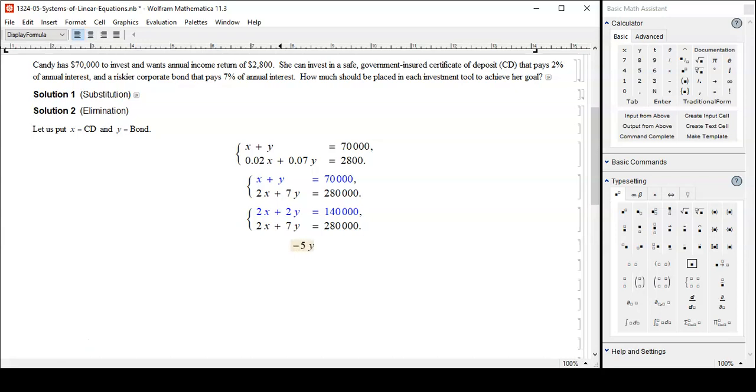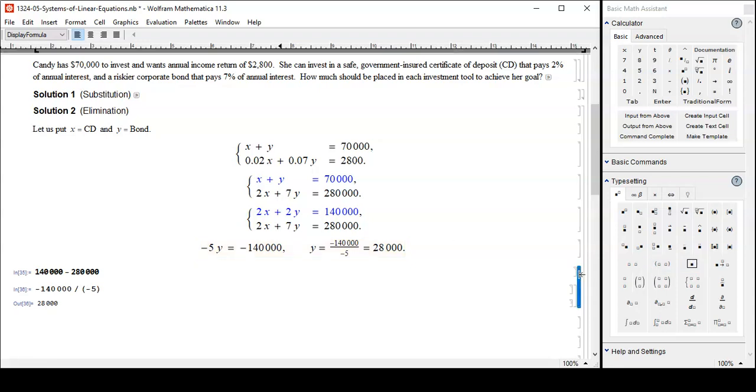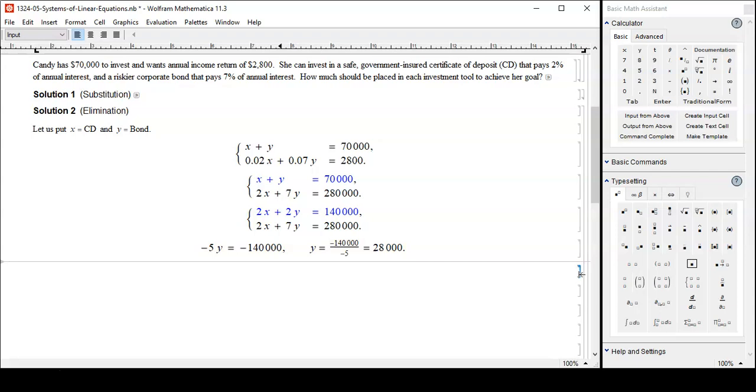And then here I have negative 5y equals, I'm subtracting, so negative 140,000. And then divide by 5. $28,000.